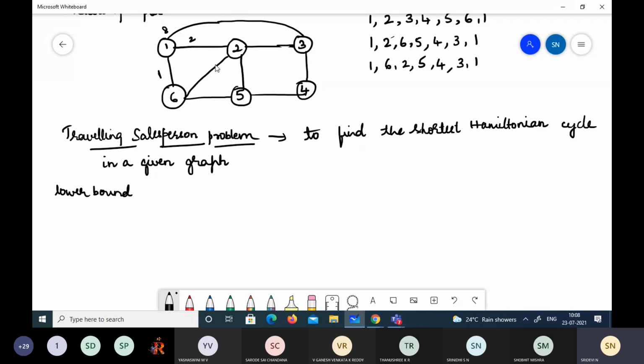Likewise for 2, 3 and 5, we'll consider the two nearest cities, and likewise for 3 and 4. Taking those and dividing by 2 will give you the lower bound. For example, let's consider a graph and try to find the shortest Hamiltonian cycle by calculating the lower bound. So let's take up this graph.